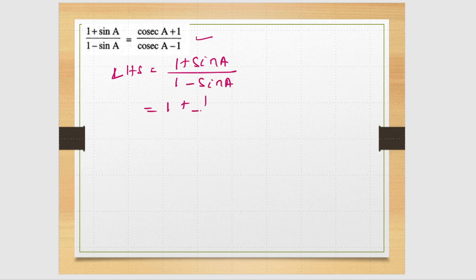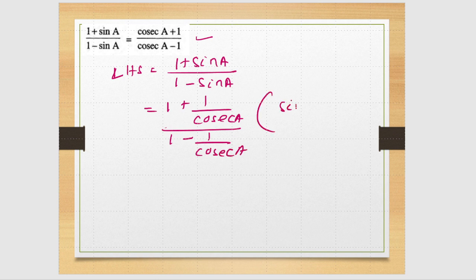Come to the second question. The method is absolutely same. I think you can do it. So LHS I am taking. LHS is (1 plus sin A) by (1 minus sin A), which is (1 plus 1 by cosec A) by (1 minus 1 by cosec A). Why? As you know that sin A equals to 1 by cosec A. Got it?